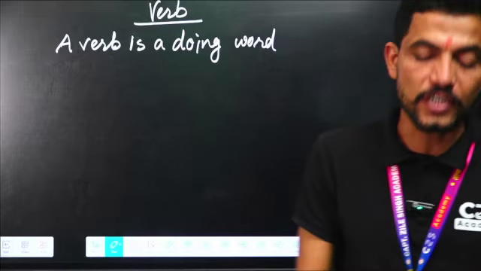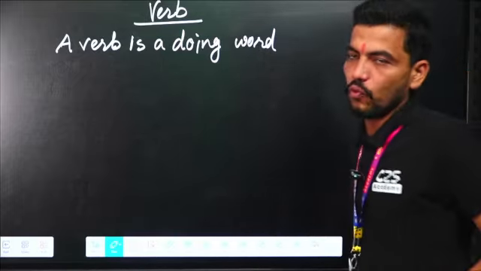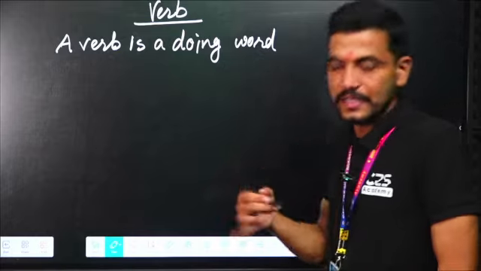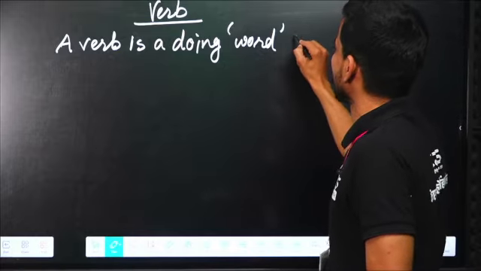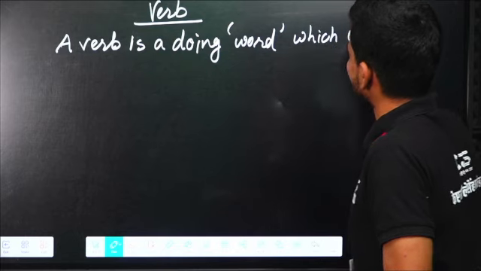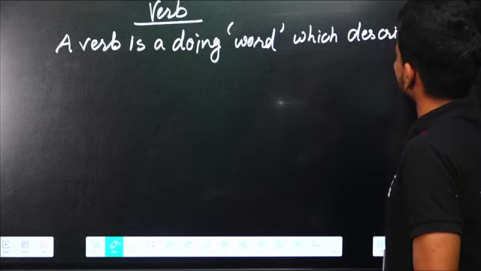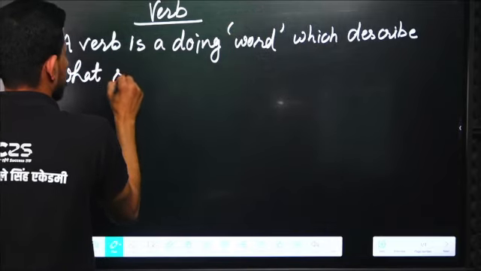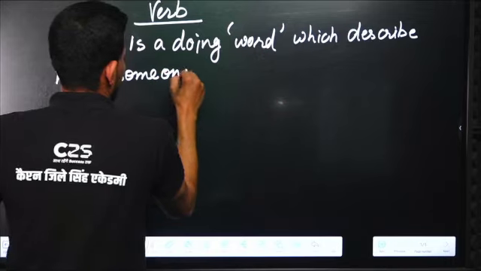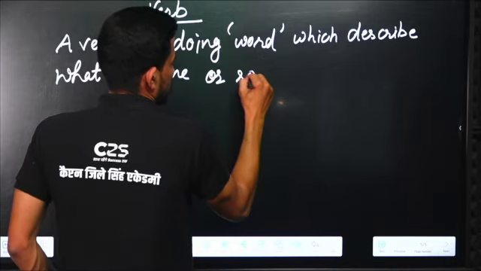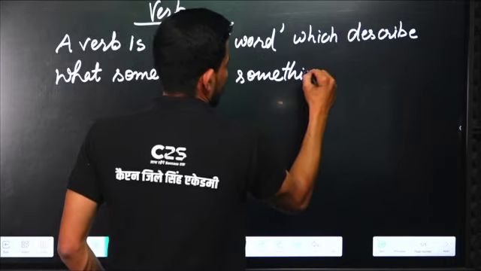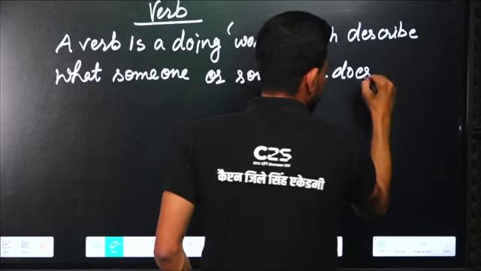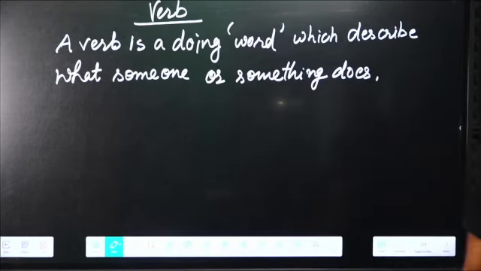Doing word means action word which describes what someone or something does, and or what something or someone is.